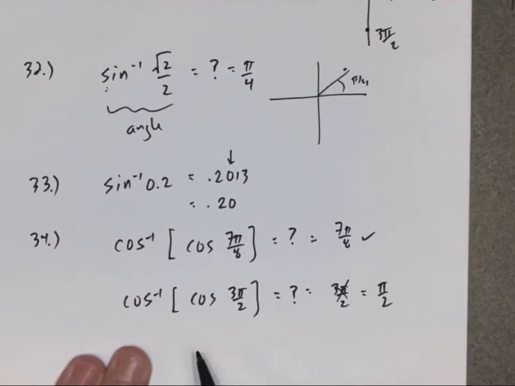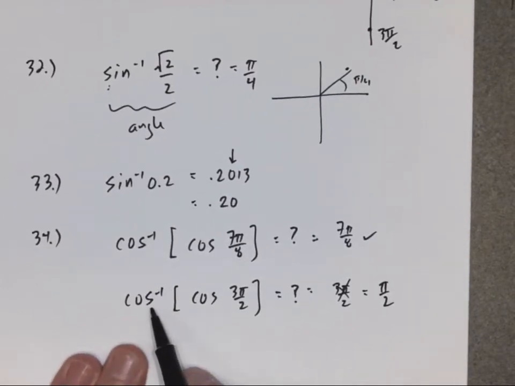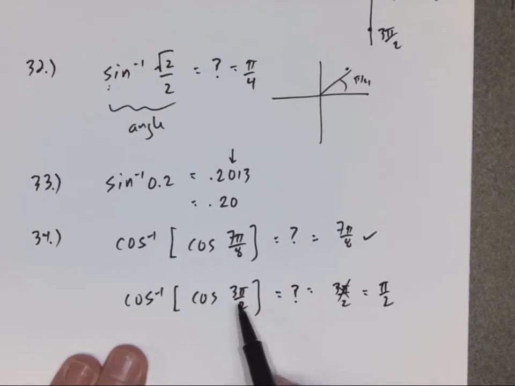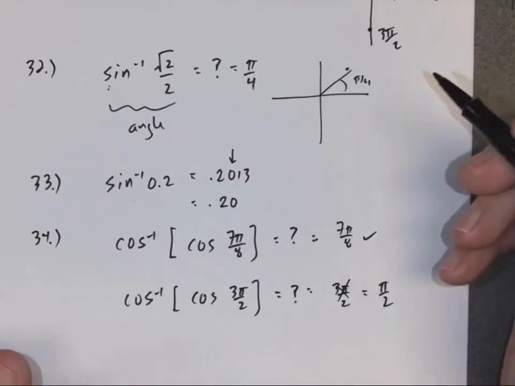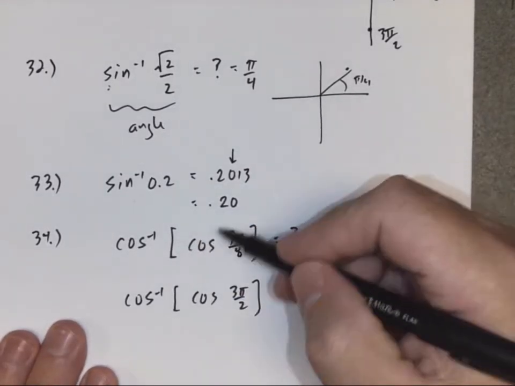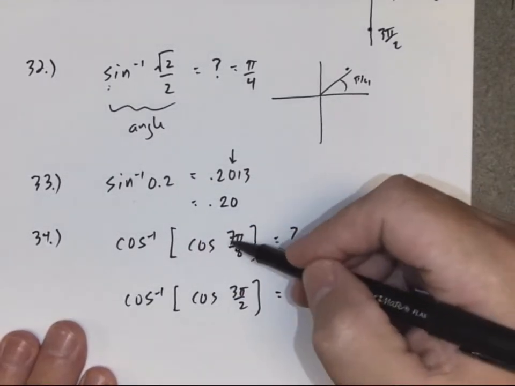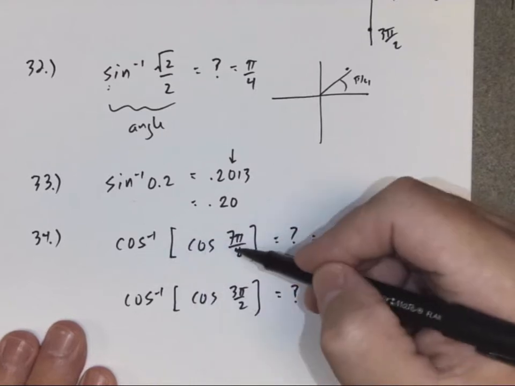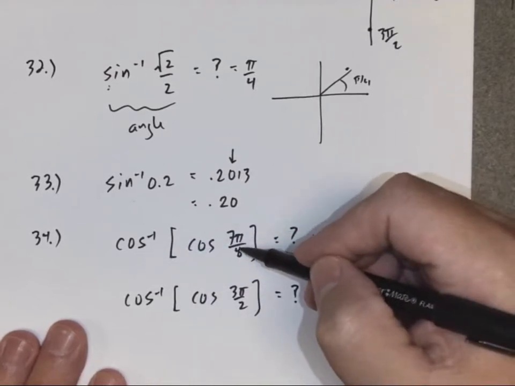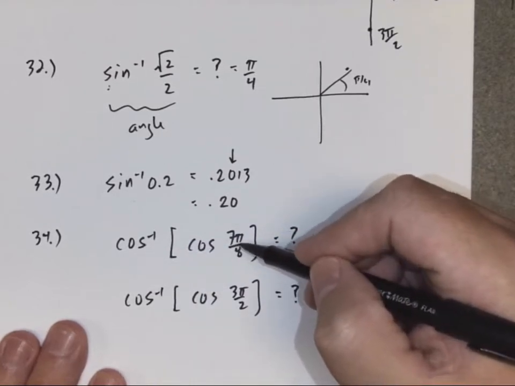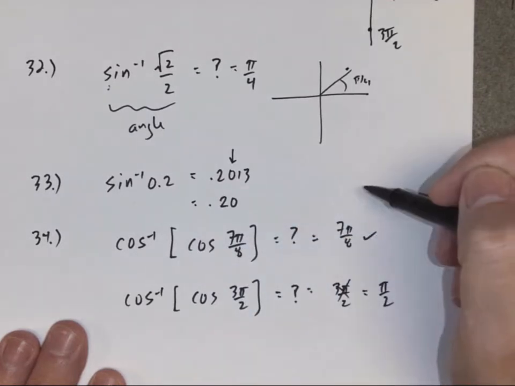So in this case, you can't just assume, oh, the inverse cosine and the cosine sort of cancel out, and the answer is whatever's inside here. You can't do that. Bottom line is, in this kind of problem, if the initial value for the cosine is between 0 and pi, then yeah, they cancel out and you're done.